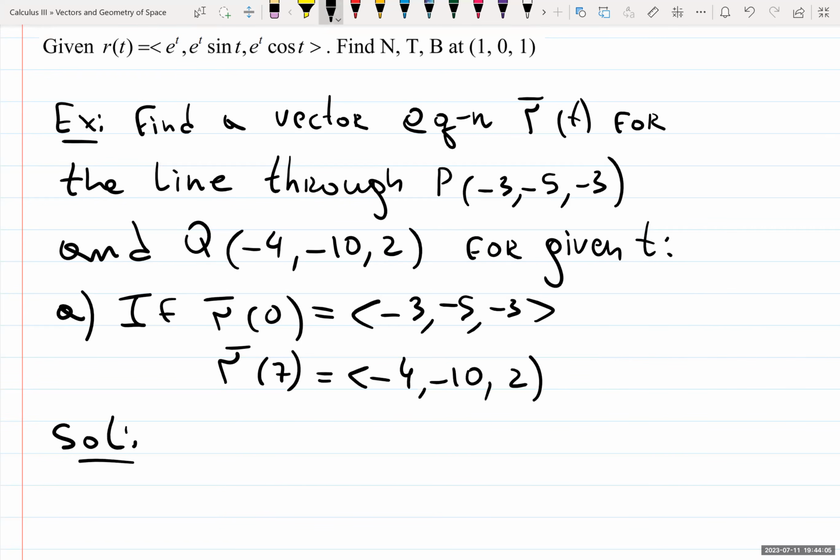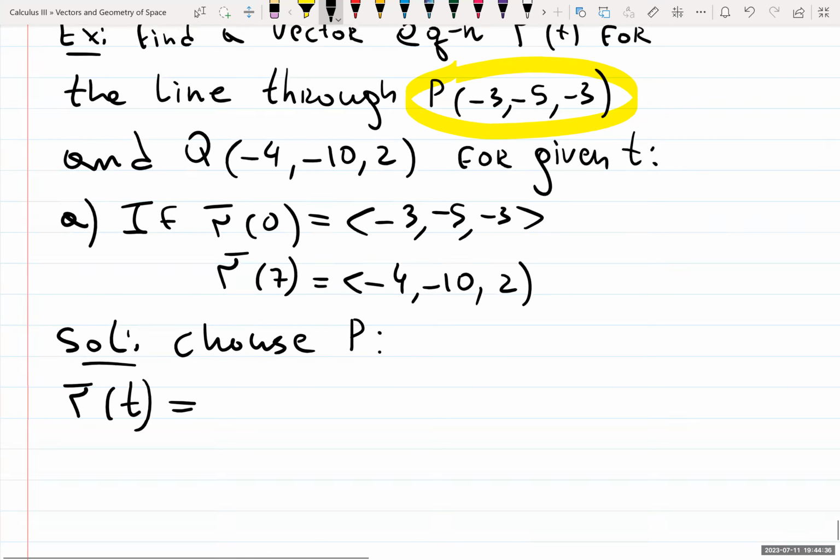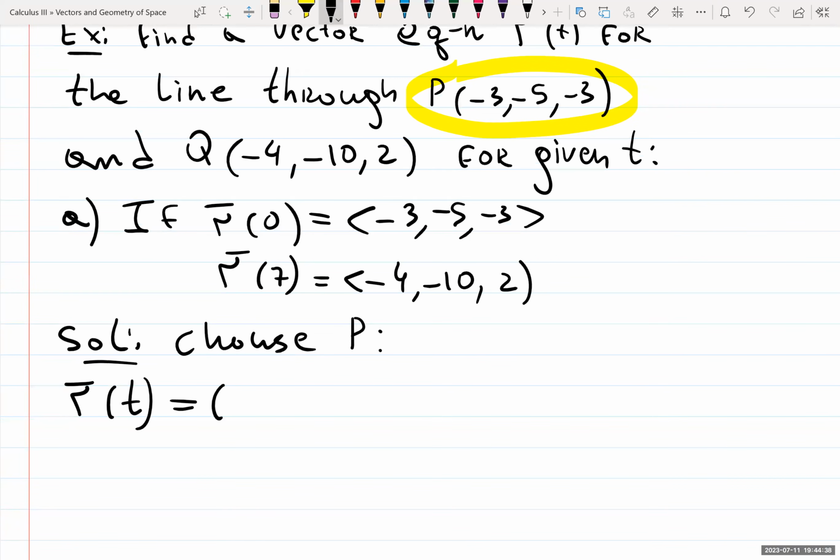So we have a point P. We can use that point as a base point, right? So for example, we choose the point P to be our base point. Then I know that the parametric equation of the line will be like so. It has a point (-3, -5, -3).